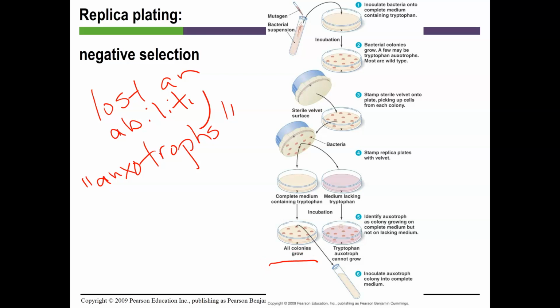You're providing the necessary factor to the mutants, and the wild types can be lazy and not make any for now. However, if you make a replica of the colonies by making an impression with some velvet-like material stamped to the plate and pressed to new media that lacks tryptophan, the mutants will not grow.